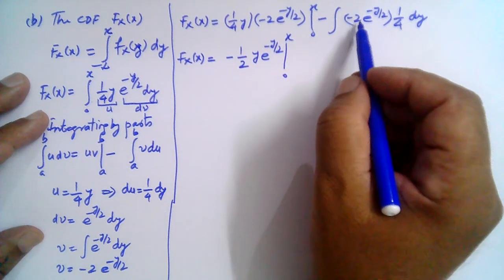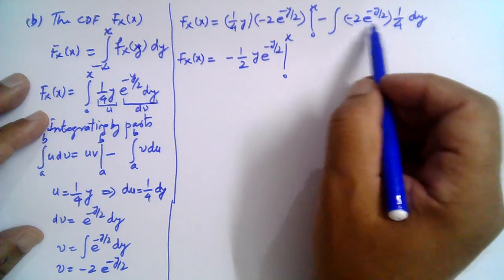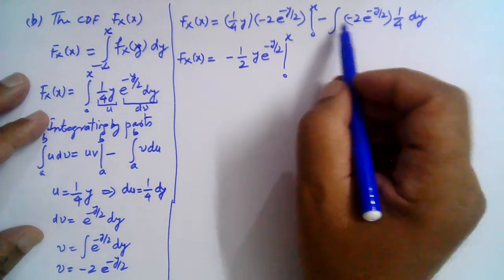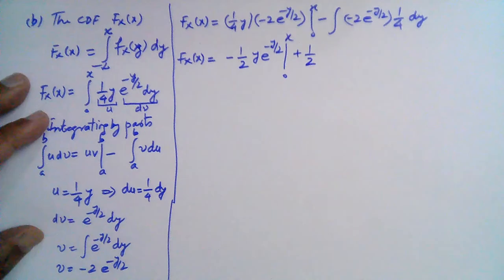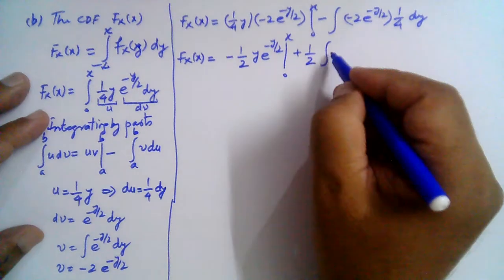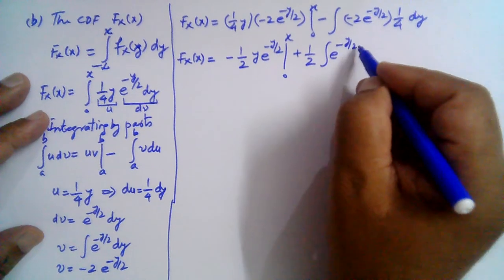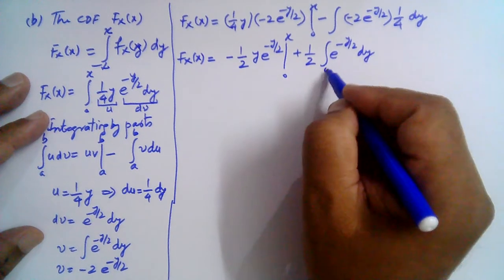And this is again minus 2 over 4, which is minus 1 over 2, and this minus gives us plus, so plus 1 over 2 e to the power minus y over 2 dy, and limits are 0 to x.